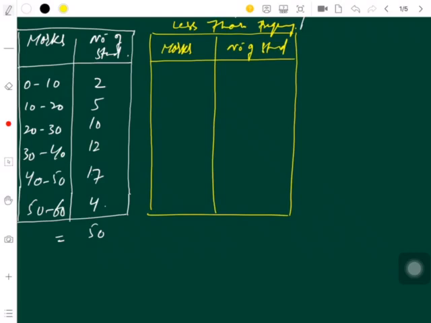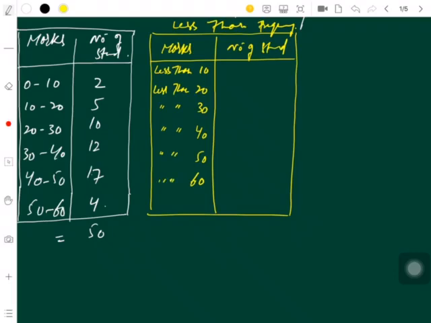Less than 10, less than 20, less than 30, 40, 50, and what is our last? 60. Less than, and less than.